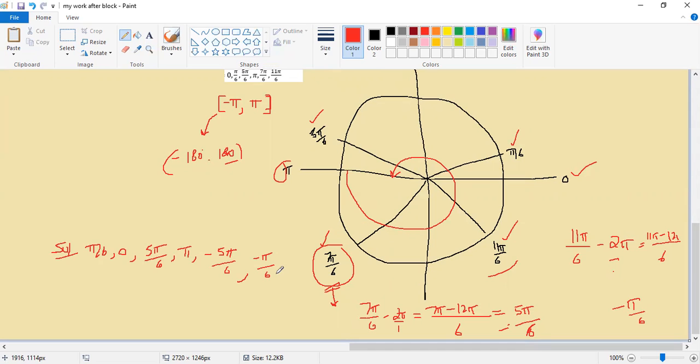So this is definitely the answer. Let me just go ahead and double check it. So it seems like I did miss one particular solution, which is going to be negative pi itself, because negative pi is also on this particular interval. So we'll just go ahead and add that there. And yeah, that is essentially going to be our final answer.